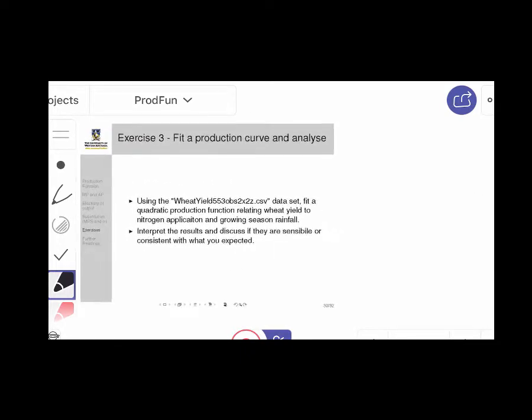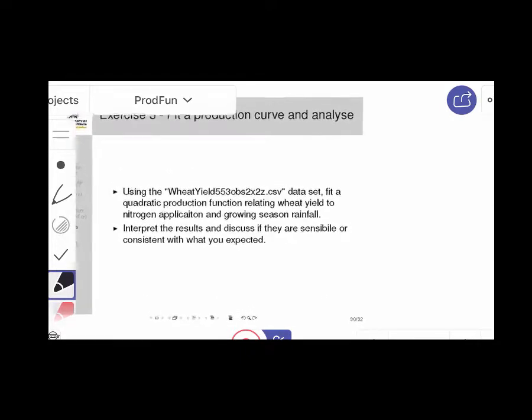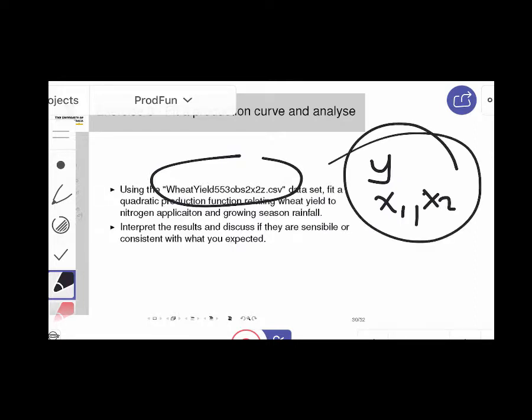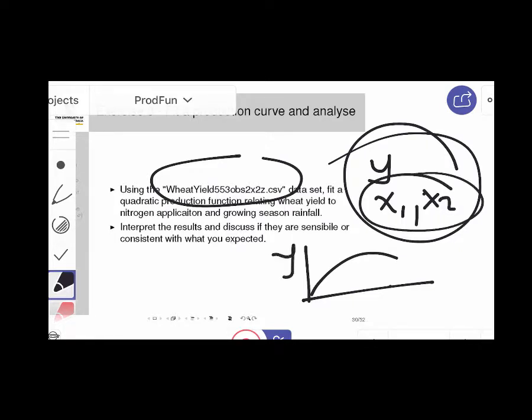There is another example, but this example isn't analytical, it's empirical. There is data on wheat yield, and that's your Y value, and you also have inputs X1 and X2, and one of them is nitrogen, and you are asked to estimate a production function. No one has told you what it is, but I am suggesting that you try quadratic, but that quadratic has 2 inputs, not just 1, and you can work out what is the best form if you try different functional forms.